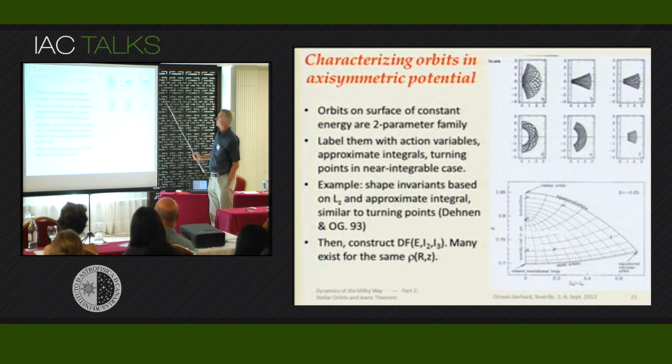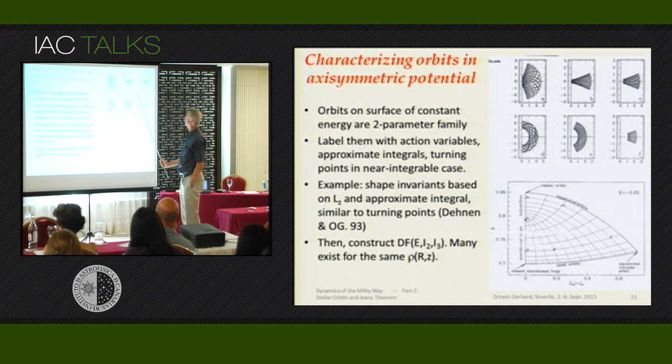So in axisymmetric potentials, there's a variety of orbits, and I wanted to show you this plot here, how you might label them. So you can see that, for example, you could label them with action variables, but you could also label them with turning points. Turning points are, in some sense, integrals, in quotes.